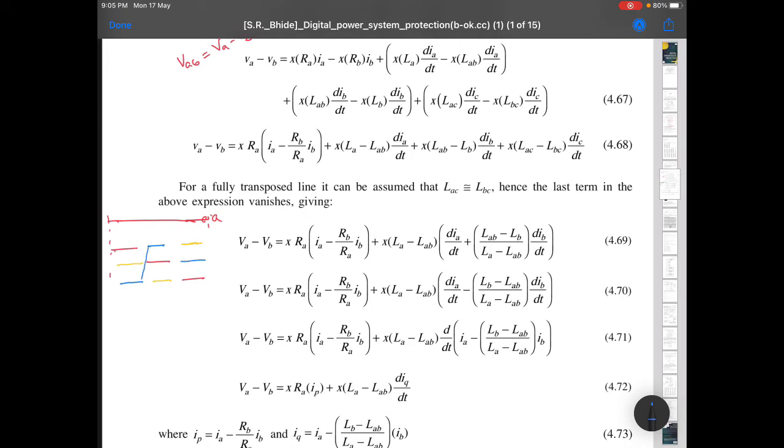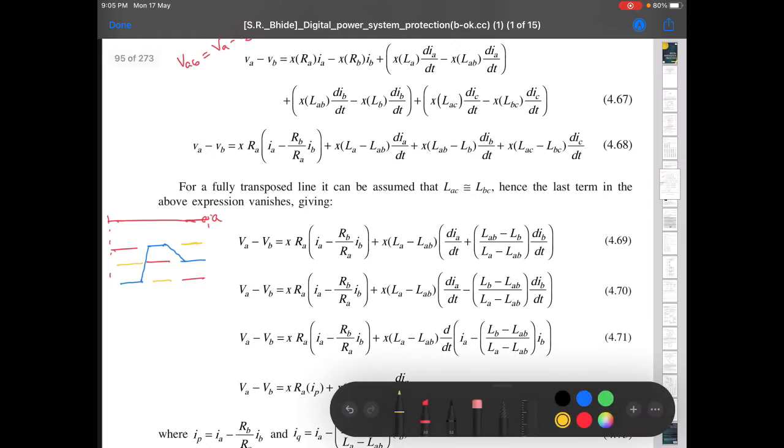This is how it is run. This is a transposed line. Hope you got it.